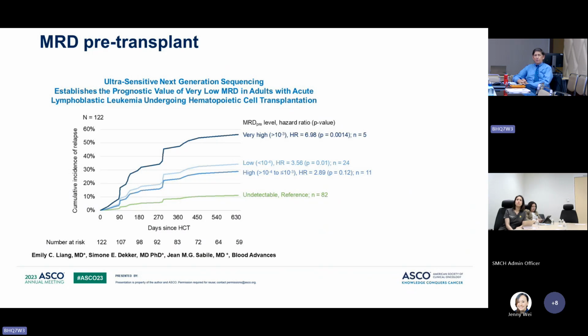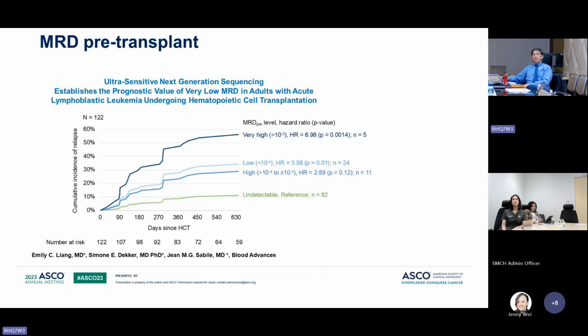We know that ultra-sensitive next-generation sequencing shows, pre-transplant, that if you're, let's say, 0.5% blasts, well, you probably have very high, greater than 1 in 1,000 cells.